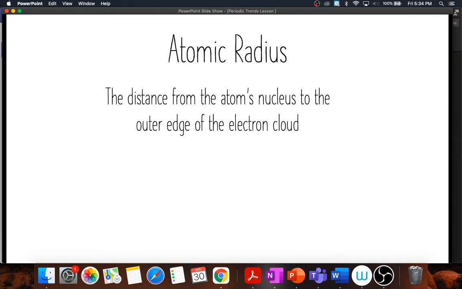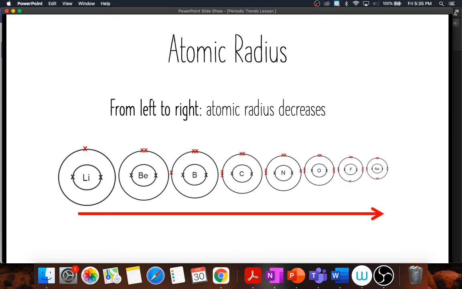It's the distance from the atom's nucleus to the outer edge of the electron cloud. And knowing this, we can explain or see a trend that exists in the periodic table. So in general, as you're moving from left to right, atomic radius decreases.